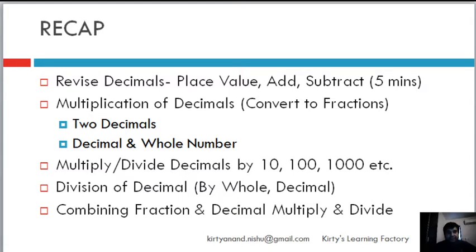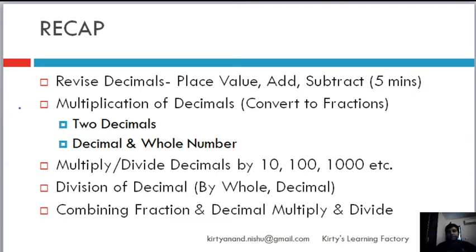We studied decimals, if you remember, and first we revised decimals. Remember the place value, we revised how to add and subtract decimals, and then we moved into what we were to learn in decimals. So we learned to multiply decimals, and we learned that multiplication of two decimals is nothing but converting the decimals into fractions, multiplying the fractions, and then converting back into decimals.